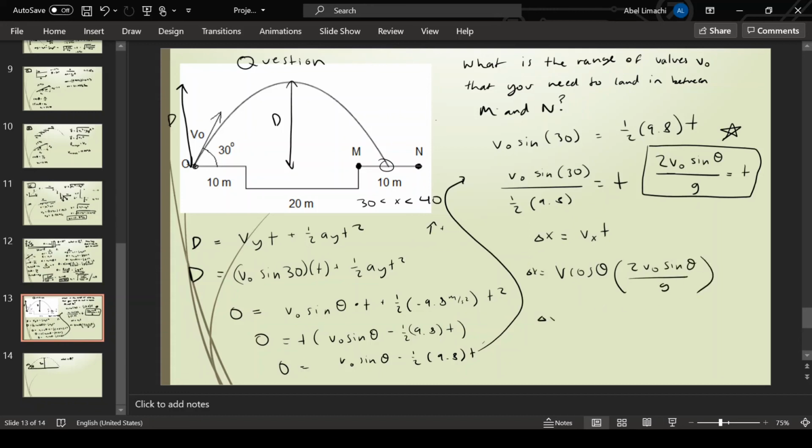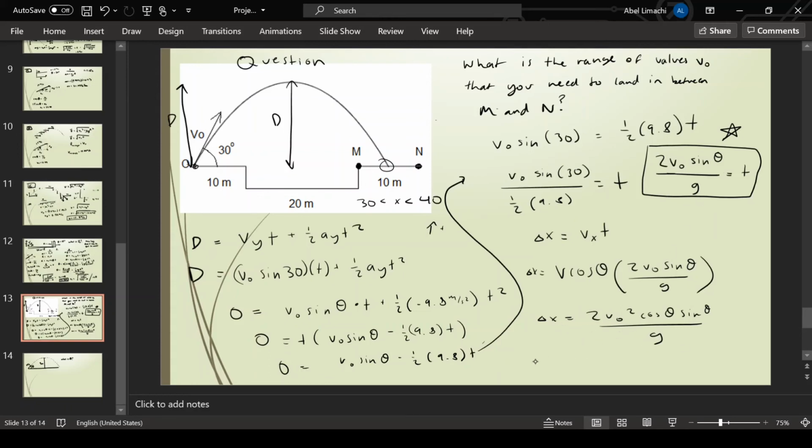So delta x, when you multiply this, you get 2 v initial squared cosine theta sine theta divided by g. This is the distance at this time that you can figure out.